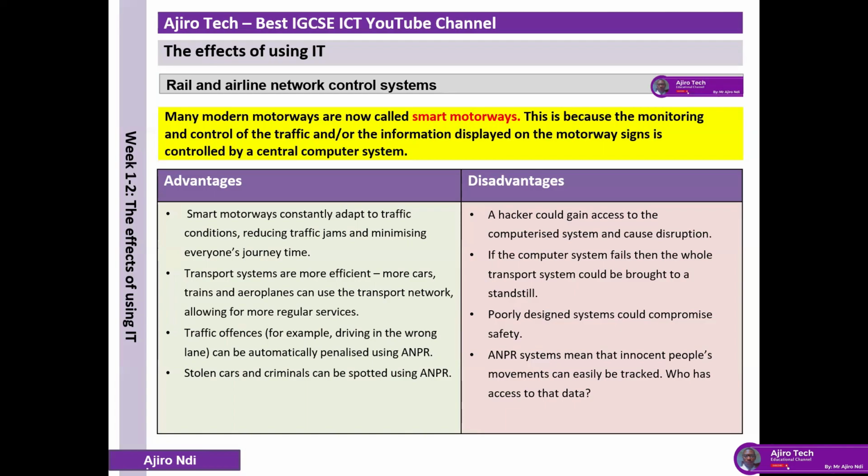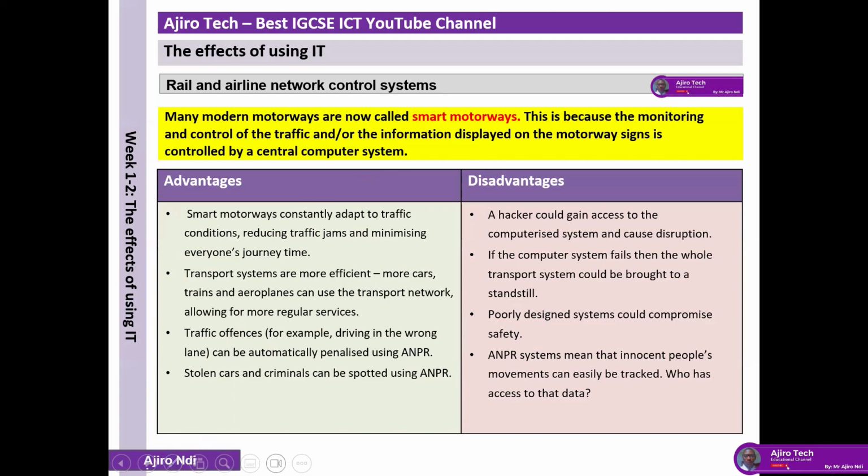And here we'll be talking about the advantages and disadvantages of the transport monitoring and control system, right there on your screen. The first thing we have to look at with the smart motorway is that it constantly adapts to traffic conditions.